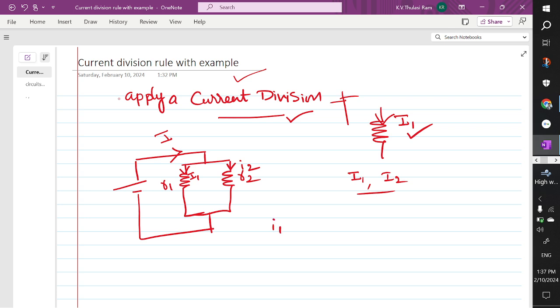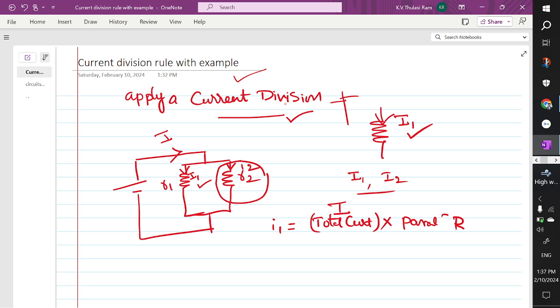So how to find the current I1? From the formula we know that it is the total current, which is nothing but I, multiplied by the product of the opposite branch resistor, which is also called the parallel resistor.